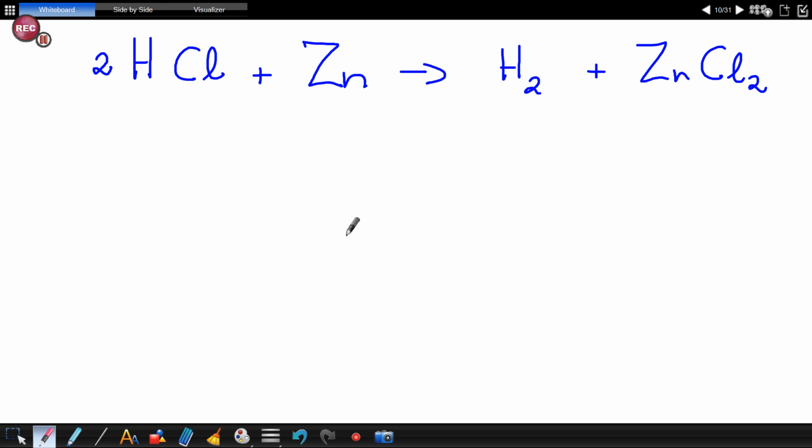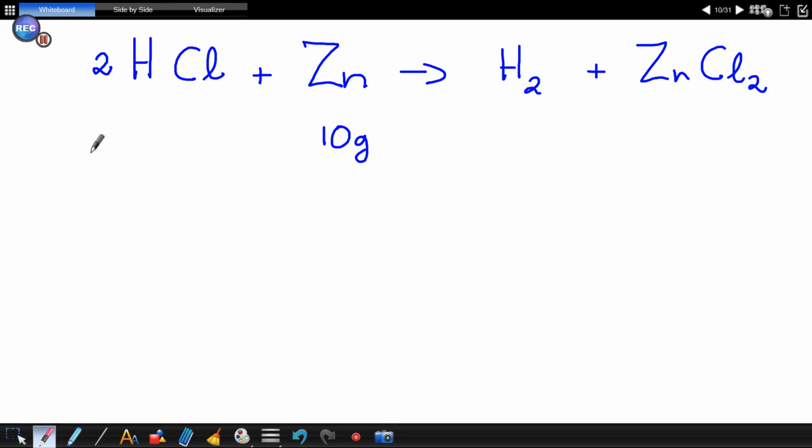Right, so let's read the question. They say the reaction between hydrochloric acid and zinc is used in the preparation of hydrogen gas. Calculate the volume of a 0.5 mole per cubic decimeter solution of hydrochloric acid needed to react with 10 grams of zinc. So we've got 10 grams of zinc. That's given.